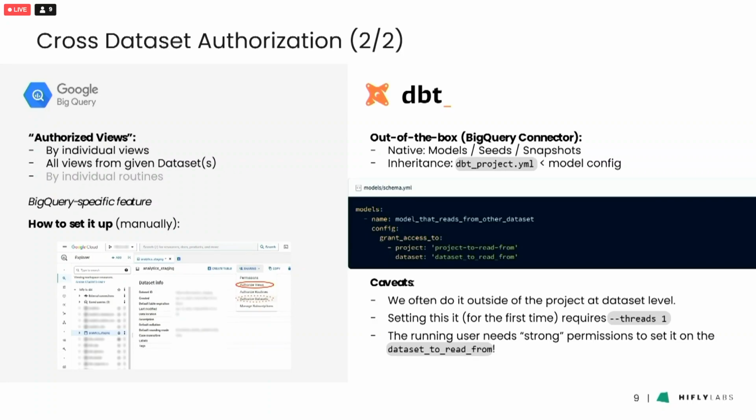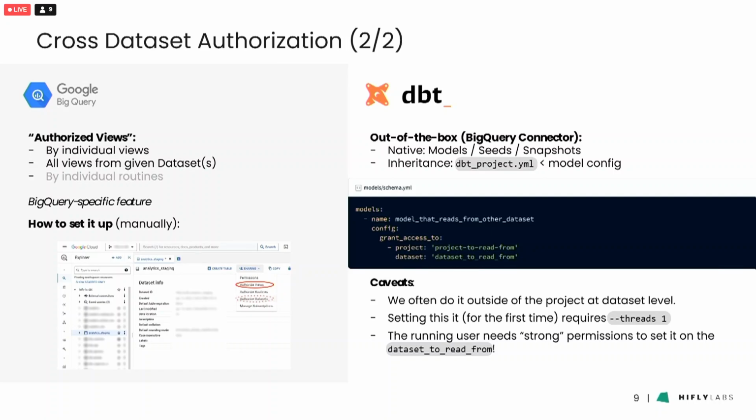It also has DBT support, although in my experience, it's a little bit backwards. What it does is that you can define a model that reads from another data set, and for the other data set, DBT will try to set up the rights.